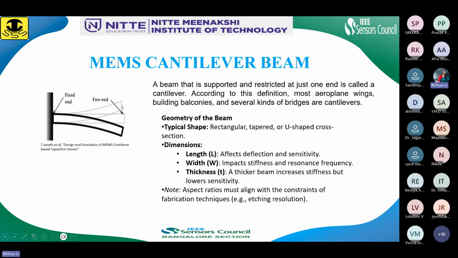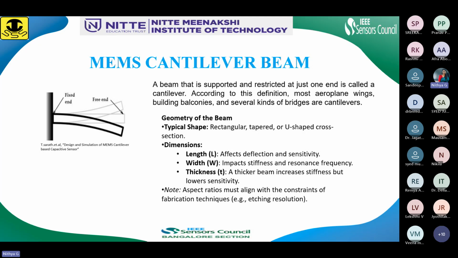Width of the cantilever beam impacts the stiffness. Stiffness is related to the flexibility of the material. If I apply 1 pascal of pressure, how much my device is capable of deflecting depends on the flexibility of the material. And flexibility of the material we can understand through Hooke's law. I hope Hooke's law is familiar to us.